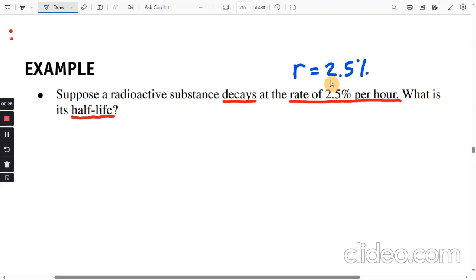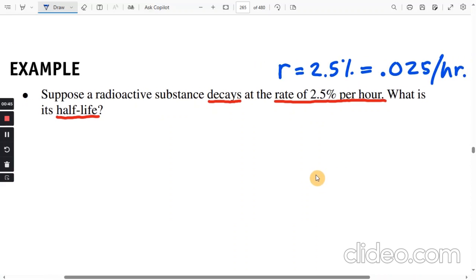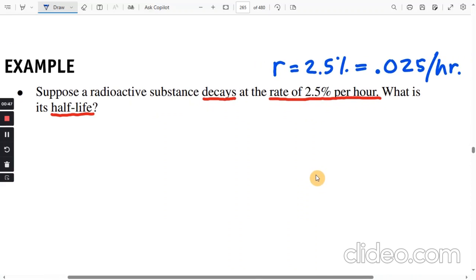But if you move the decimal over 2 places, that is going to be 0.025. Okay, and that is per hour. So I'm just going to write a slash HR, per hour. Anyhow, this is a population decay.